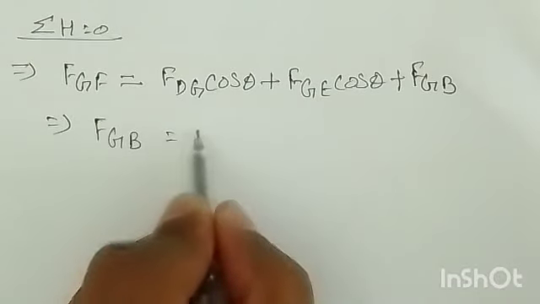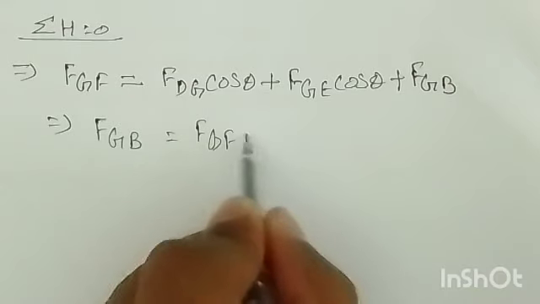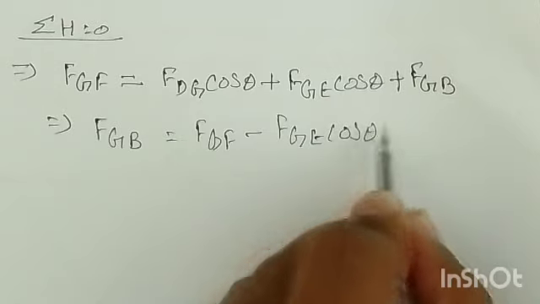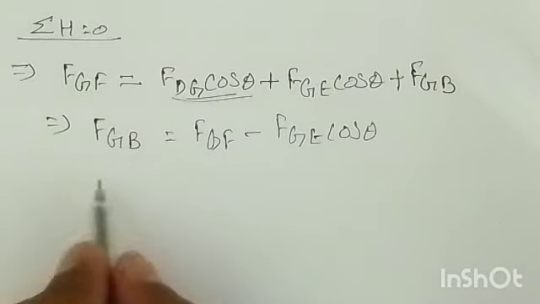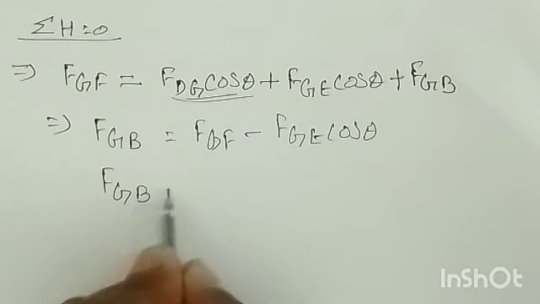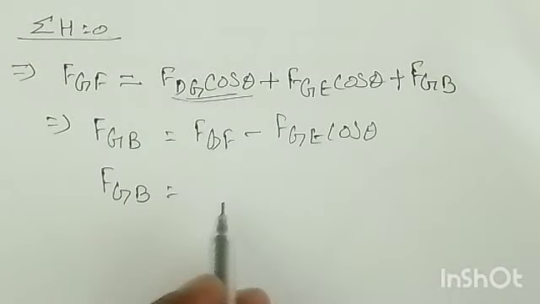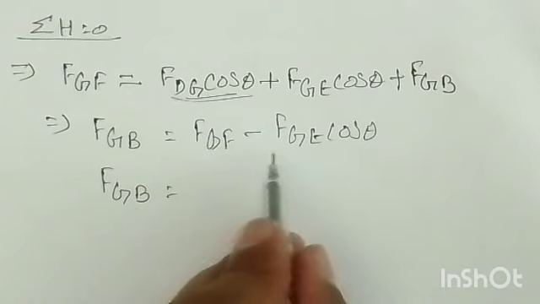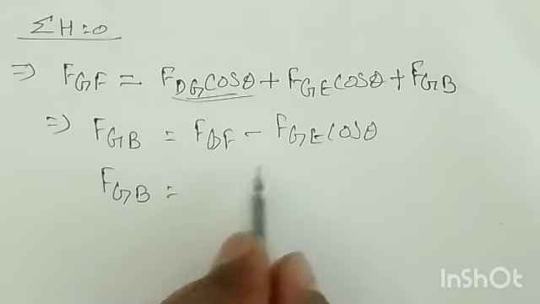F_GB is equal to F_GF minus F_GE cos theta. Why? Because F_DG is 0. Now F_GB is equal to, F_GF is how much? F_GF is equal to 10. We just now calculated F_GE, right?